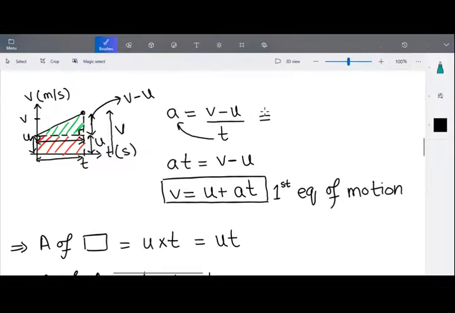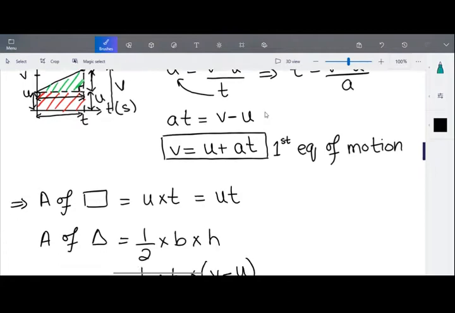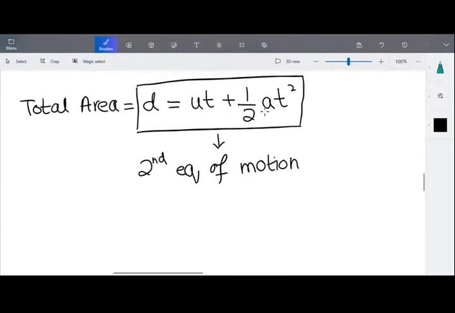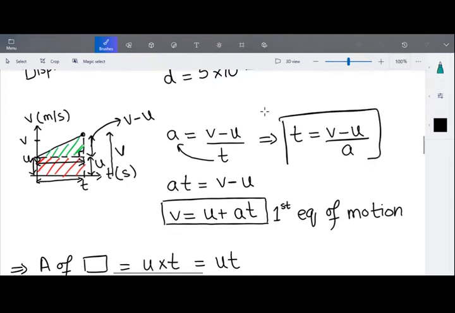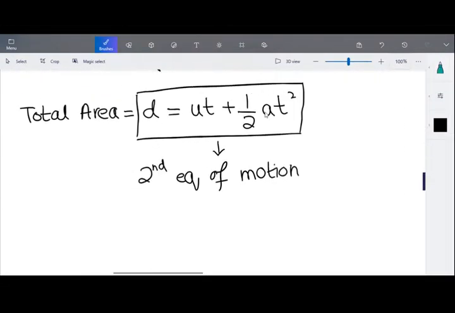If I rearrange this, I get t equals v minus u over a. So solving this acceleration equation for time gives me v minus u over a. And if I want to get rid of the time variable, all I need to do is use this relationship and replace all of the t's with v minus u over a.